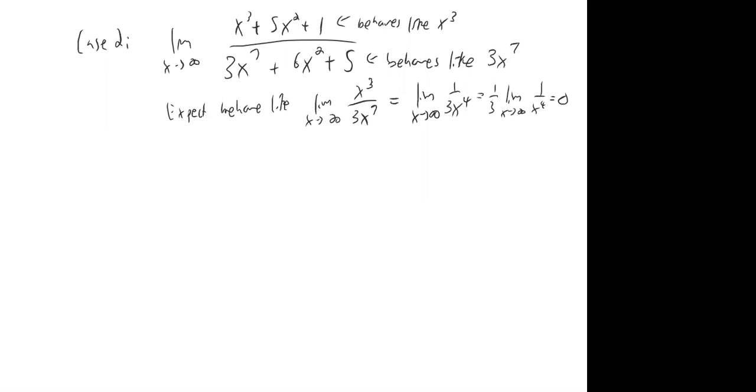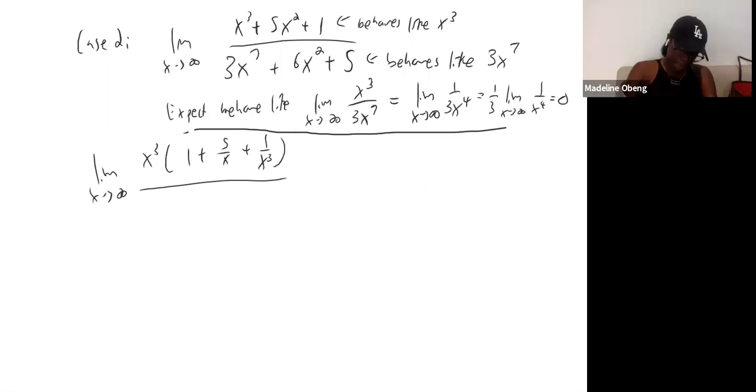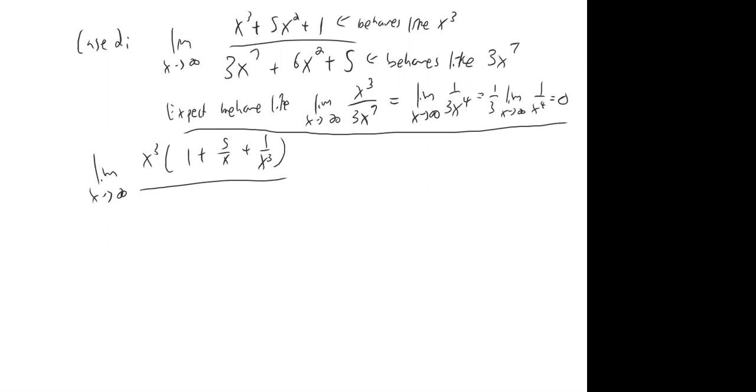So let's do it mathematically. Same exact process, right? Factor out x cubed. I feel like once you get this, you already got the answer, right? At this point, it's just how do you write it formally?